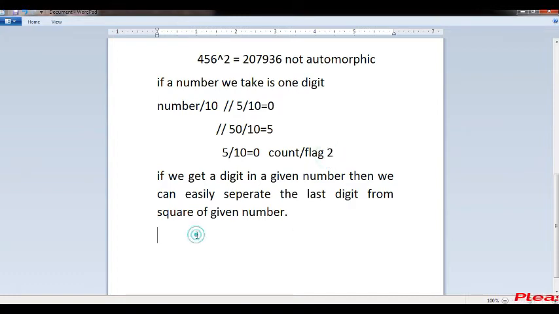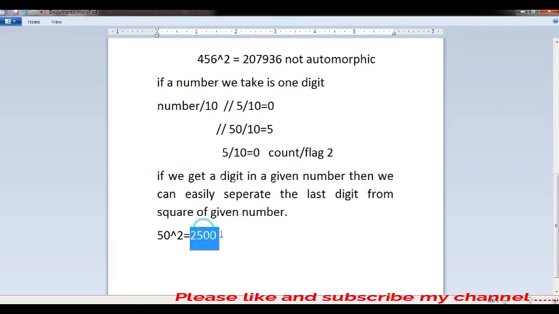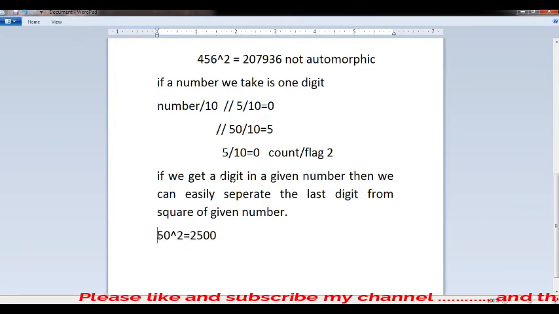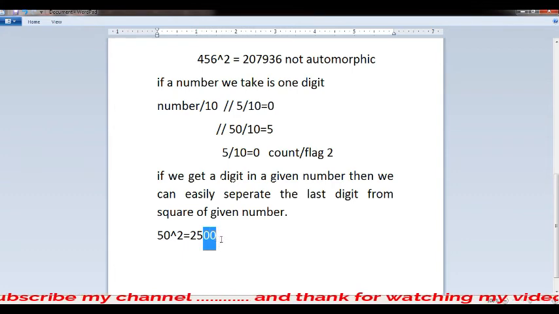The square of 50 equals 2500. Here the last two digits and the number 50 itself are not equal, meaning that 50 is not an automorphic number.